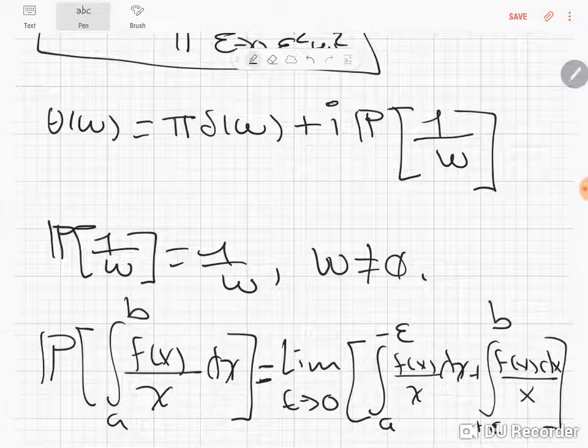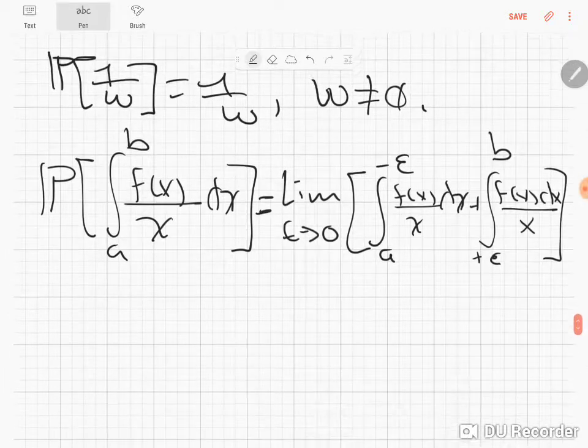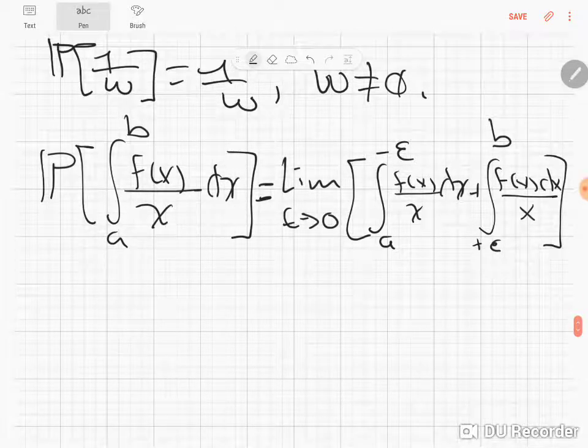This is the more general definition of the principal integral, the Cauchy principal value.